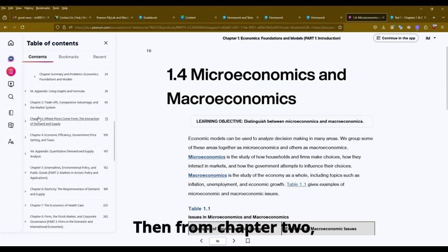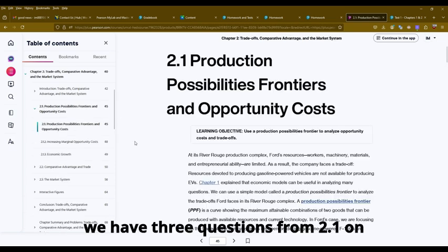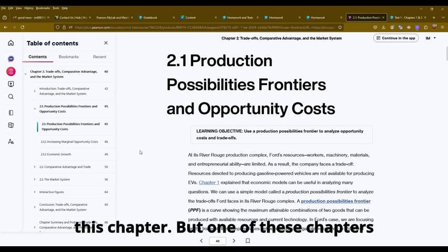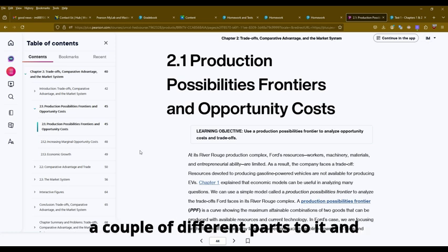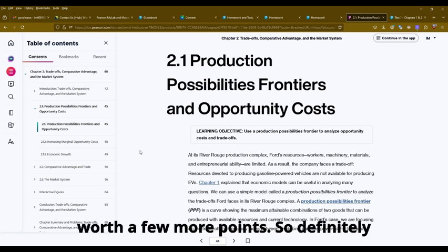Then from Chapter 2, we have 3 questions from 2.1 on production possibility frontiers and opportunity costs. One of these questions is a 3-point question, so it's got a couple of different parts to it, and it is worth a few more points.